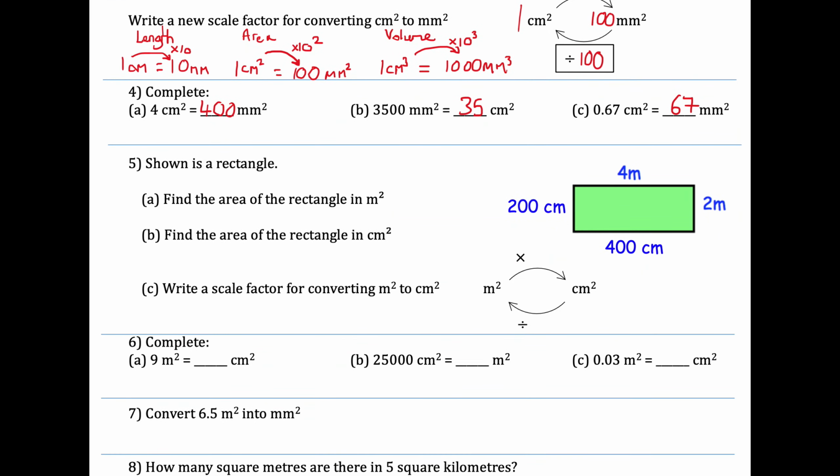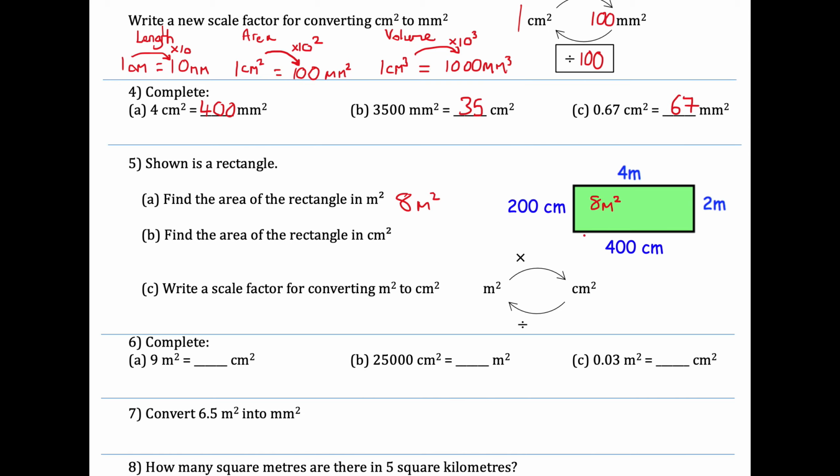Okay, here we've got a rectangle, and we've been given the length in centimetres and metres, so we're going to find the conversion between centimetres and metres. Find the area of the rectangle in square metres. So 4 times 2 will be 8 square metres. Find the area of the rectangle in square centimetres, where rather than having to convert between them, we could just use this now.